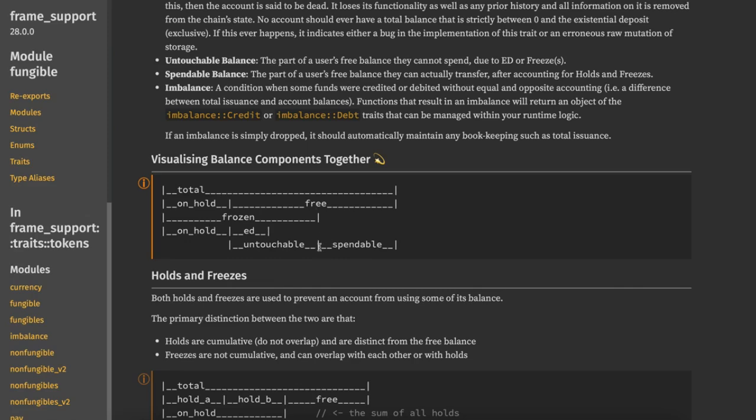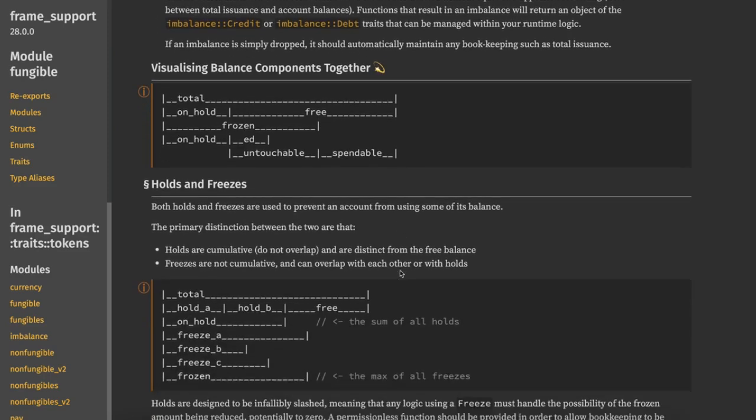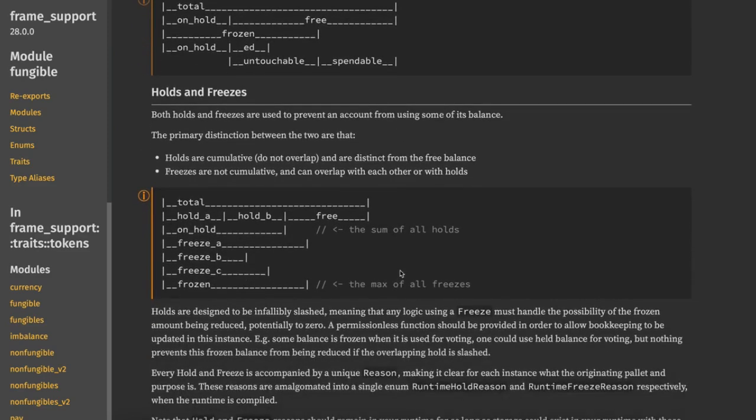We can see that untouchable or unspendable are existential deposit and frozen minus on hold. And also what's left is spendable. This is what can be spent immediately. This is total balance minus untouchable and minus on hold.